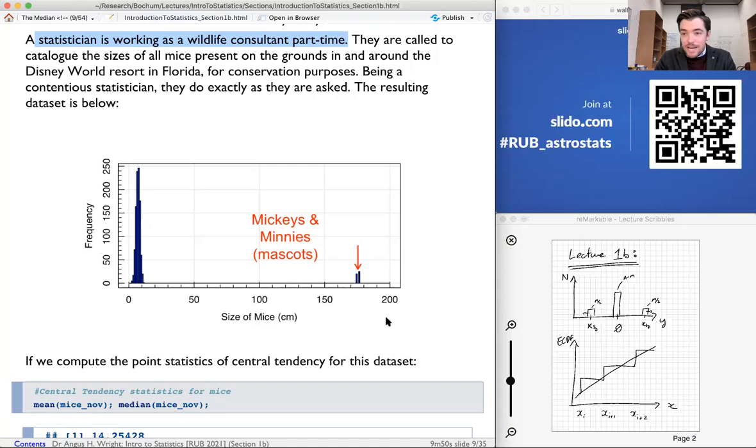Okay, so we have a data set here that is now a normal Gaussian population with the presence of a bunch of very, very odd outliers. This data set is then handed to us completely blindly, and we don't do any sort of exploration of the data set. Instead, we just say, okay, the first thing I'm going to do is calculate the mean height of mice at Disney World.